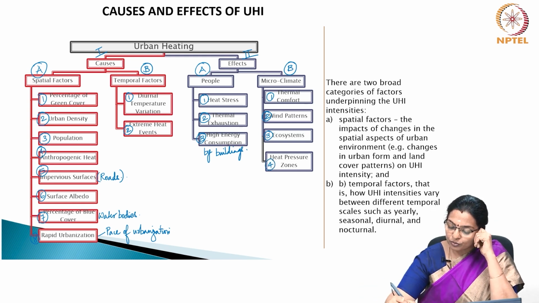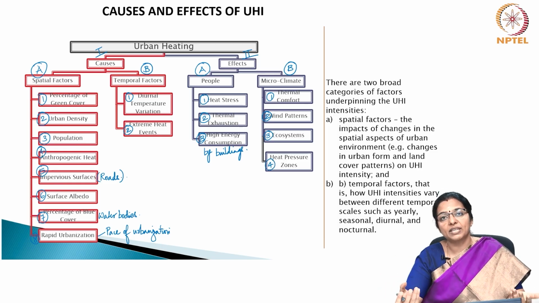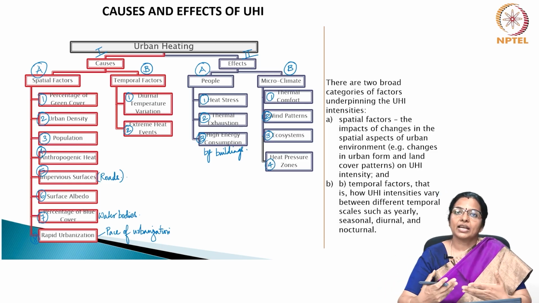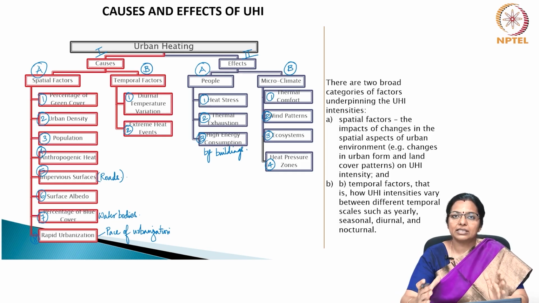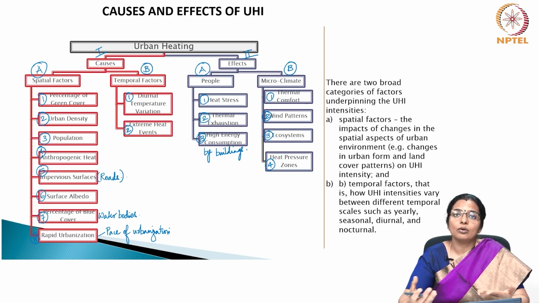Heat pressure zones are created, and once they are created and precipitation starts, there can be very heavy rainfall just over a city because of UHI, and that can even cause unprecedented and unexplained rain over cities, causing flooding.